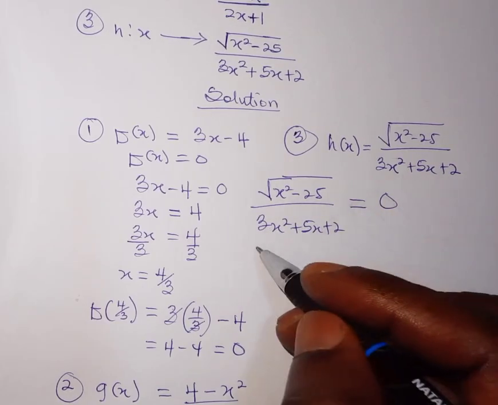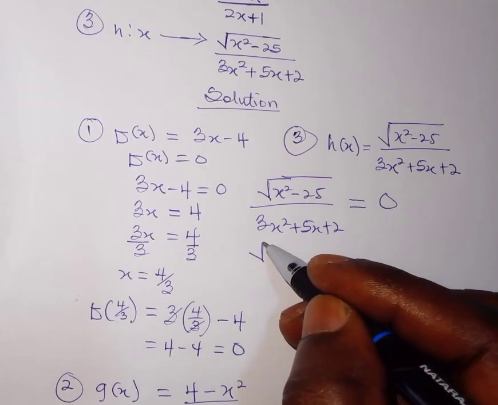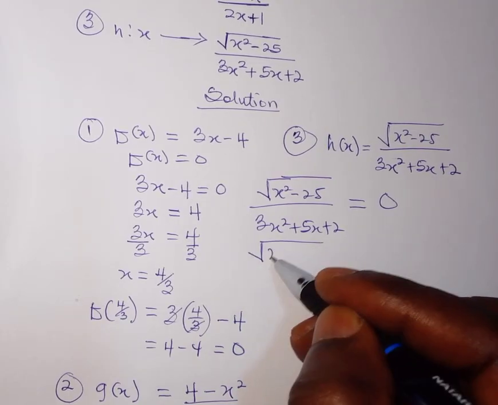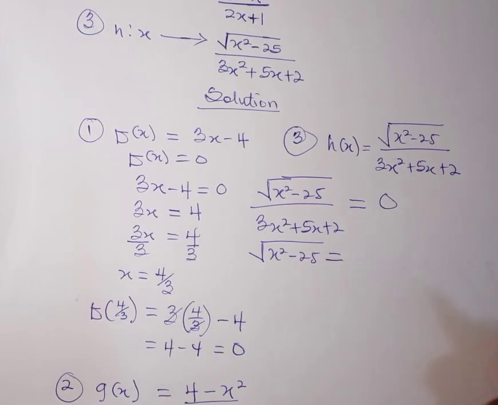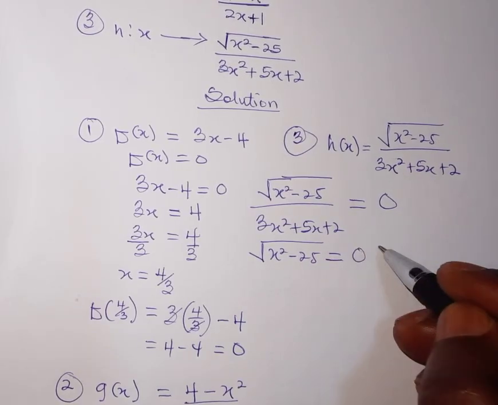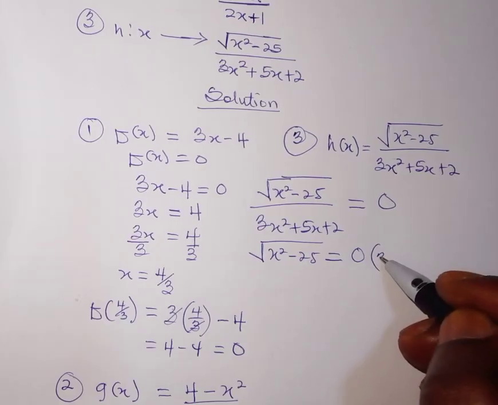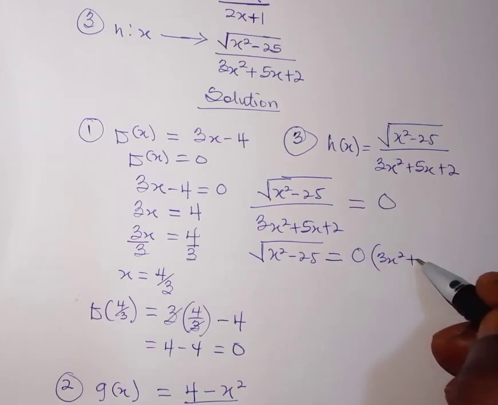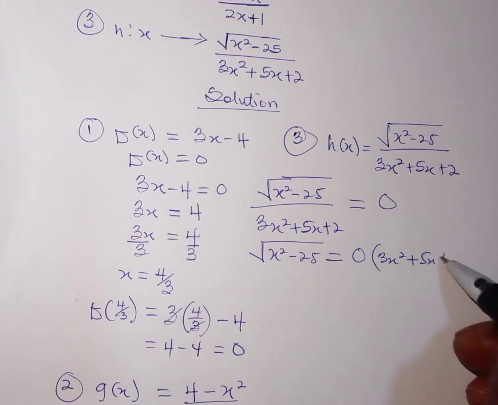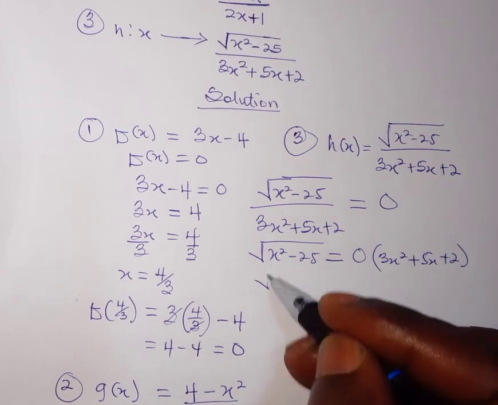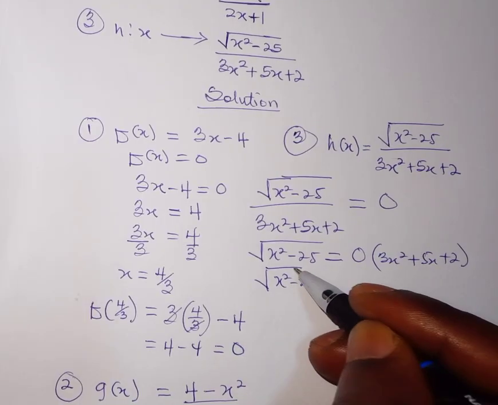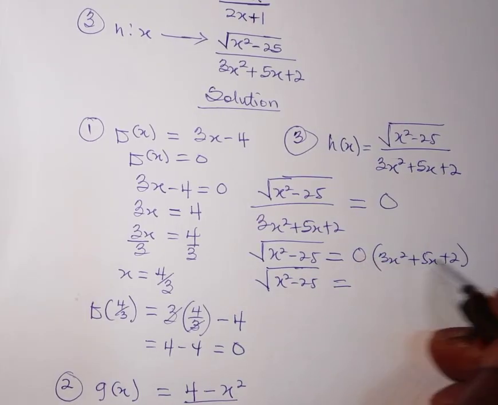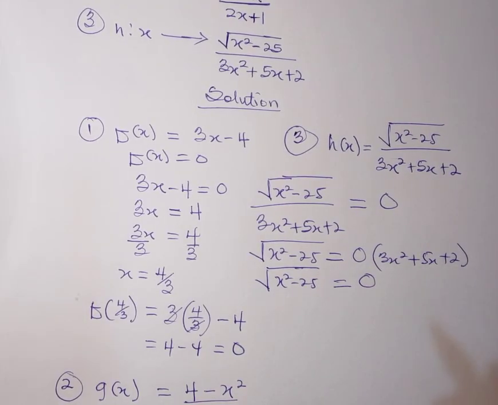And you know that, because this is the denominator, we are going to multiply by 0. So again, we are going to have x squared minus 25 equals 0 multiplying 3x squared plus 5x plus 2. And that gives me x squared minus 25 equals 0.